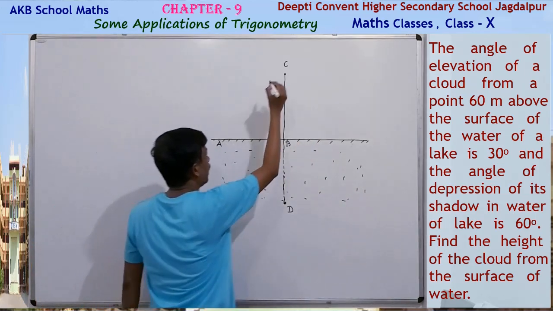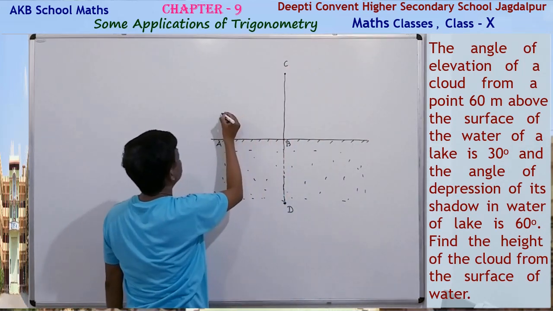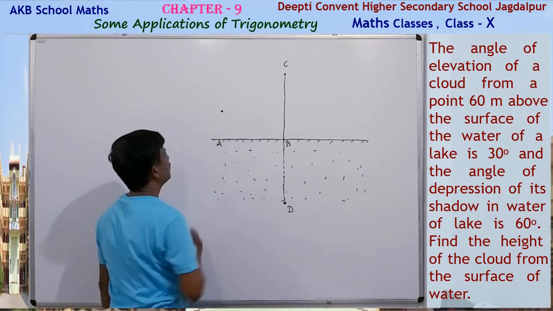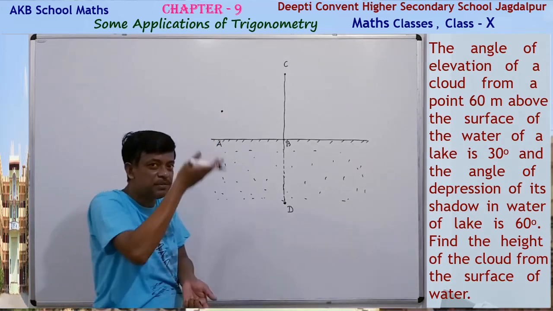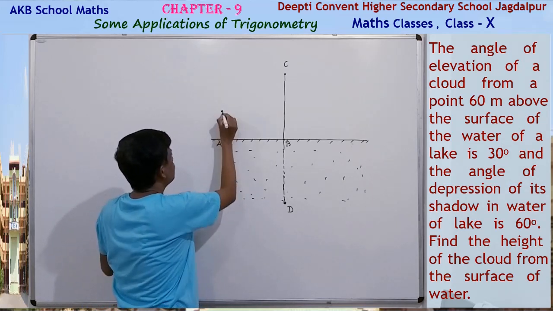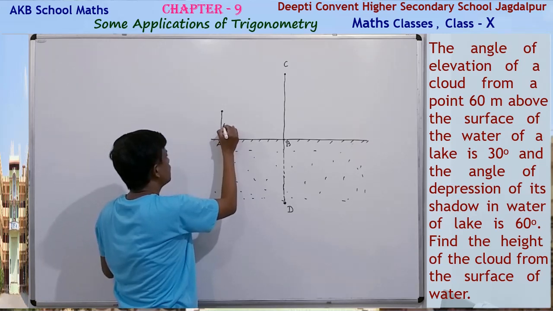Now, the angle of elevation of the cloud from a point 60 meter above the surface of the water. That is, suppose from AB, from A, this height is 60 meter.